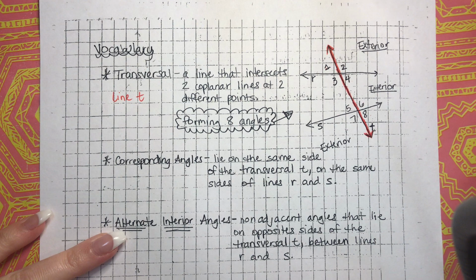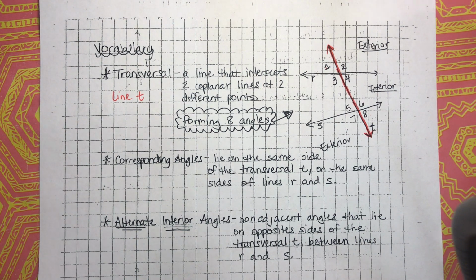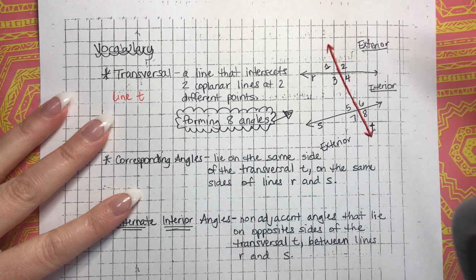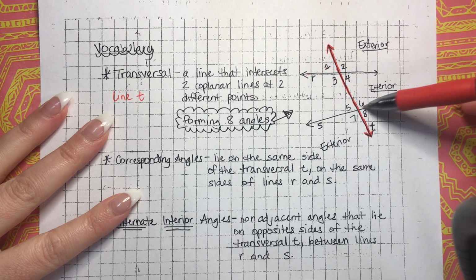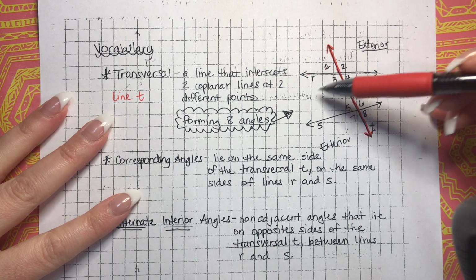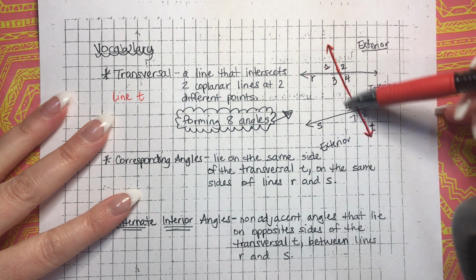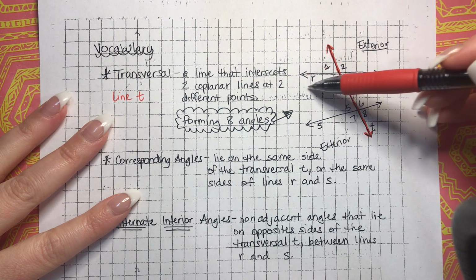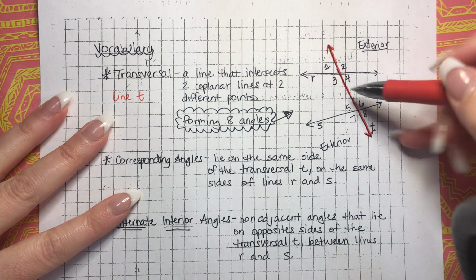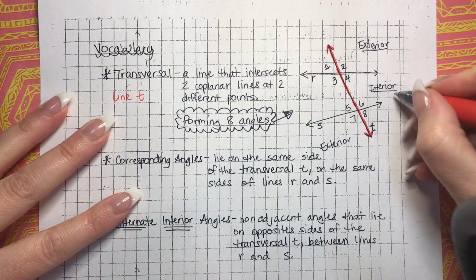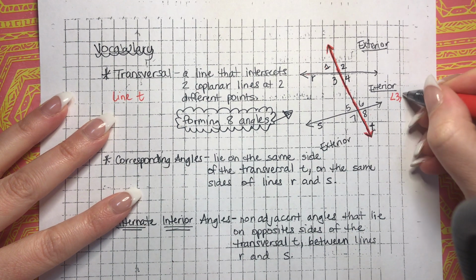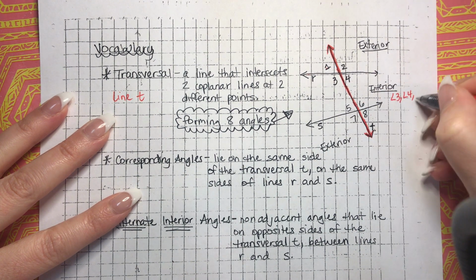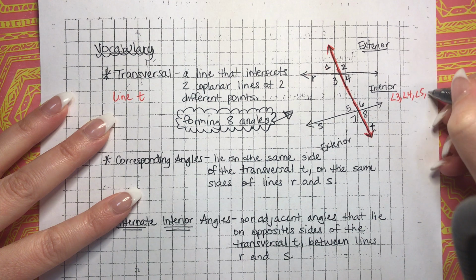Also, some different characteristics. So in between these two lines, do you see how there's these two lines? In between them, those are called interior, okay? So those are the interior angles. So the interior angles for this would be angle 3, angle 4, angle 5, and angle 6.